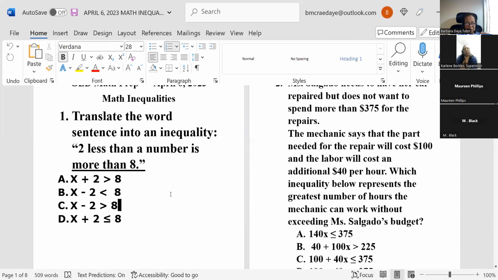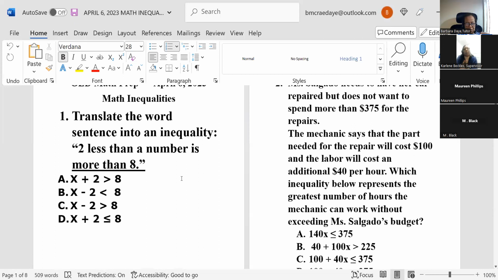Just read the whole thing. Okay, translate the word sentence into an inequality. And here's the word sentence. 2 less than a number. So I look at the sign. No, keep reading. 2 less than a number is what? Is more than 8.